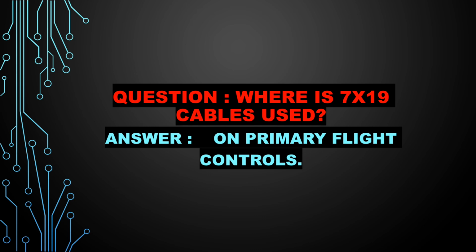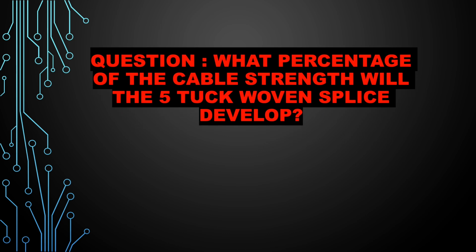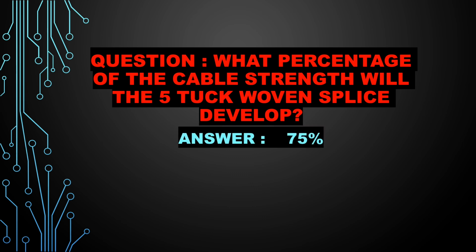Answer: on primary flight controls. Question: what percentage of the cable strength will the 5-tuck woven splice develop? Answer: 75%.